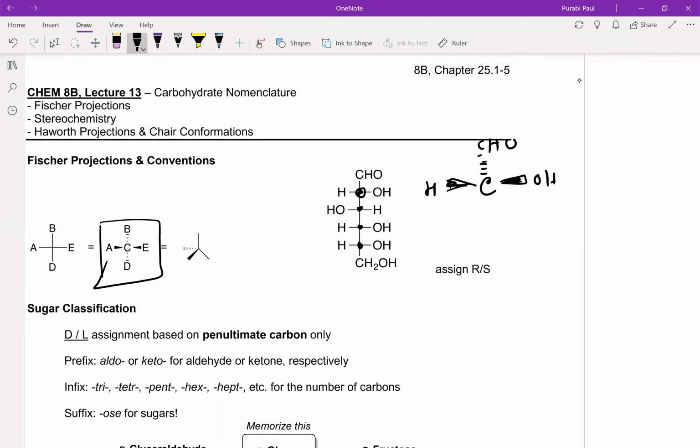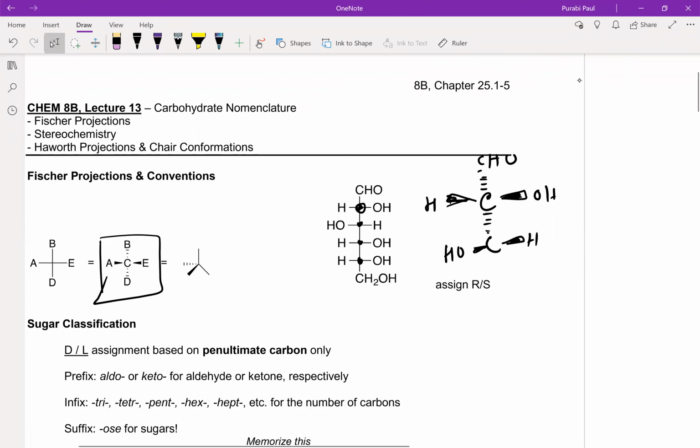And going down, you ultimately have a carbon with other substituents, so I'll just label that carbon, but that carbon has OH and H. After you draw it like that, now you need to label the priority, right?